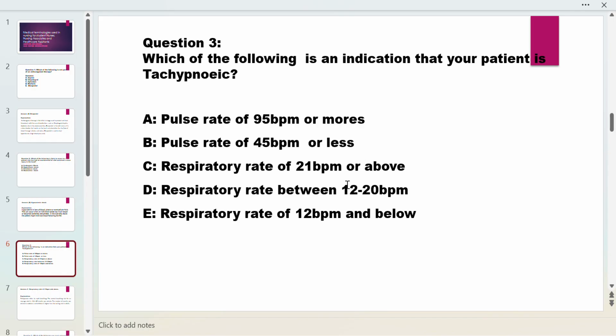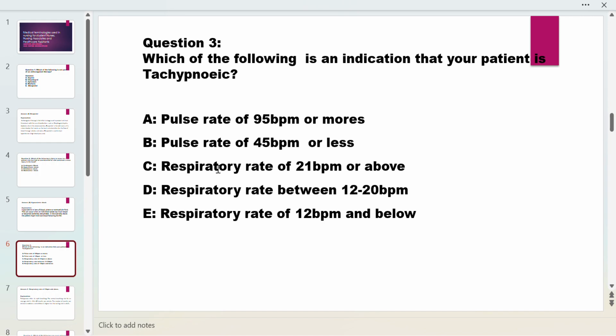But also one thing to bear in mind is that respiratory rate is one of the first indications of deterioration in your patient. So if you see that your service user is having more than 21 breaths per minute, that means the other signs and symptoms, one of them will be indicating that this service user is not doing well and they might need urgent medical care.